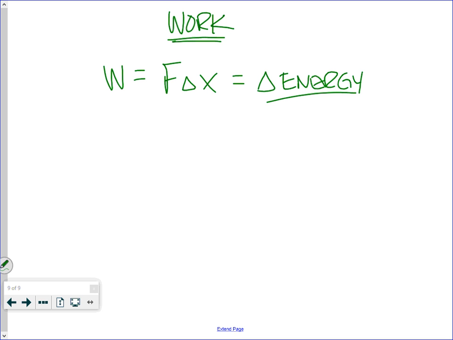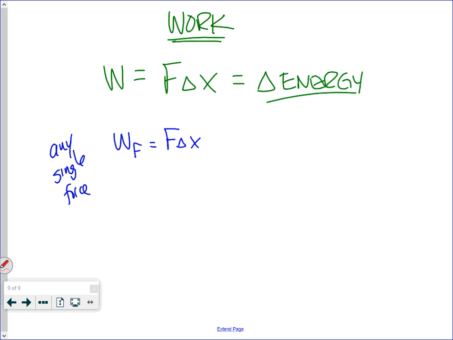All right? And a couple of things to be aware of. For any single force, the work done by that force is the force times delta x, sure.